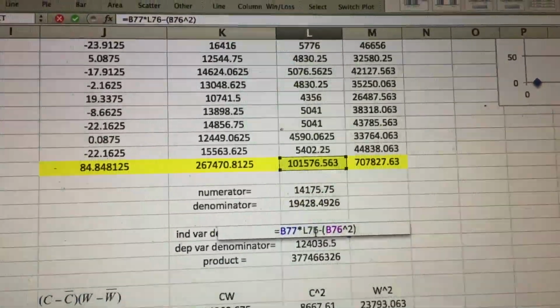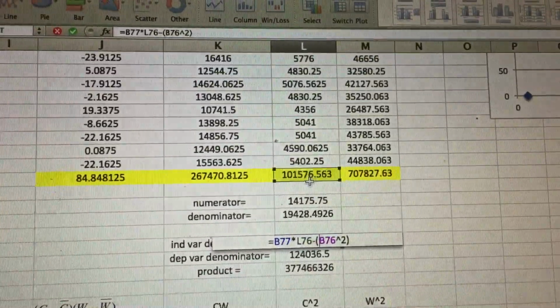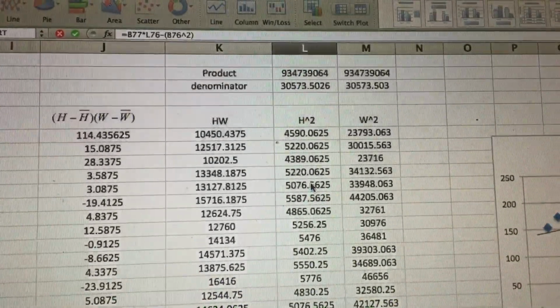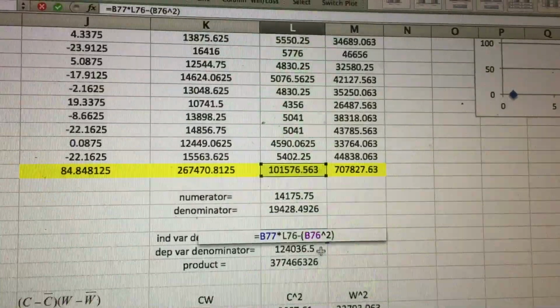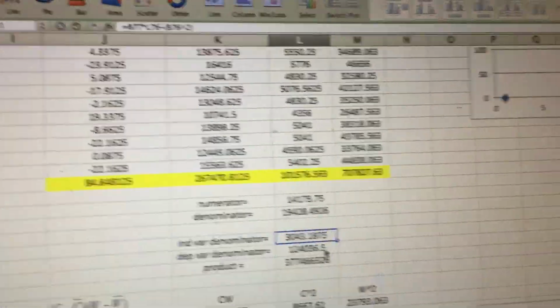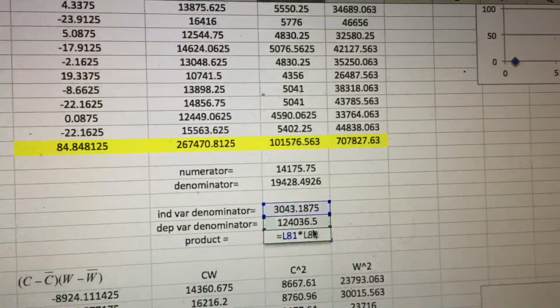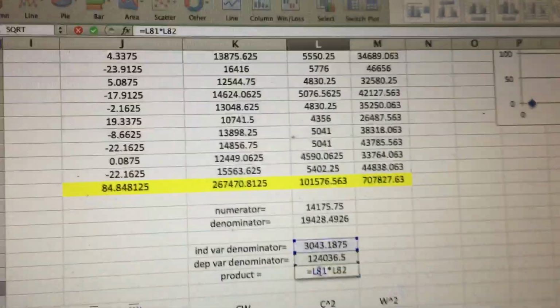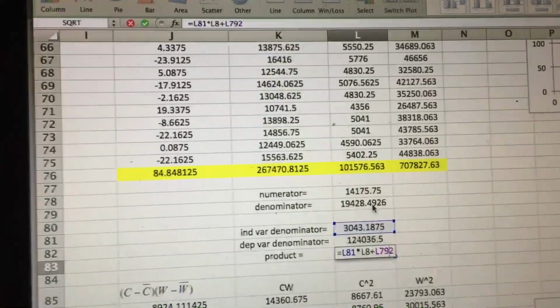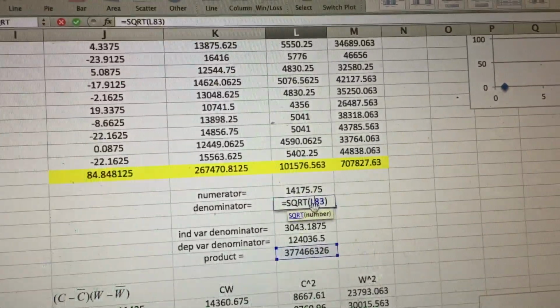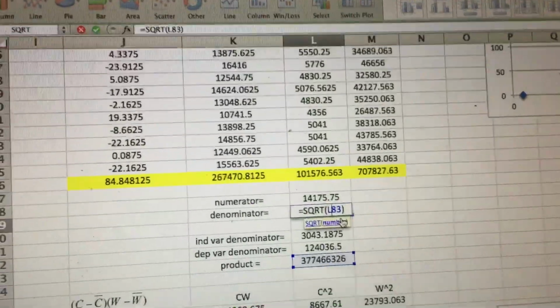Minus this one here. Did I get that total right? And these are L81 times L82, and then I took the square root of that number.